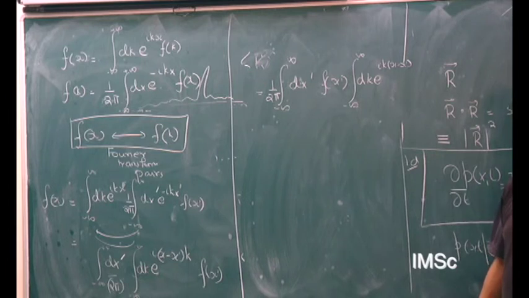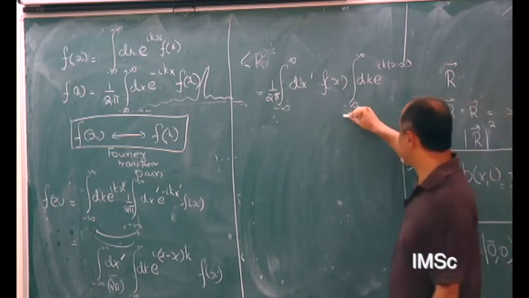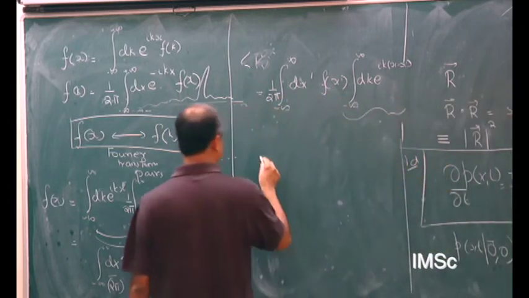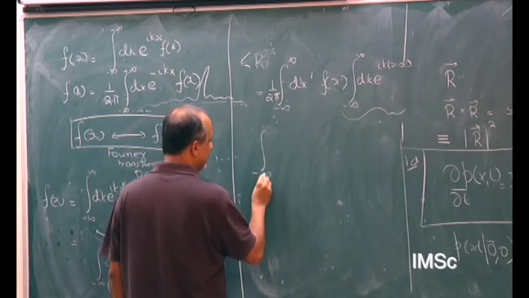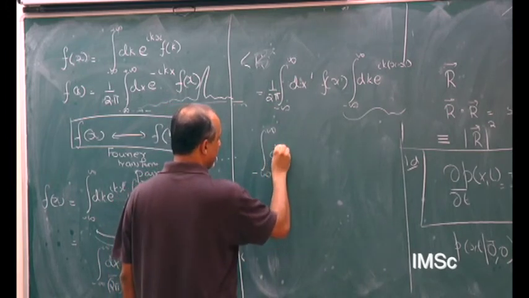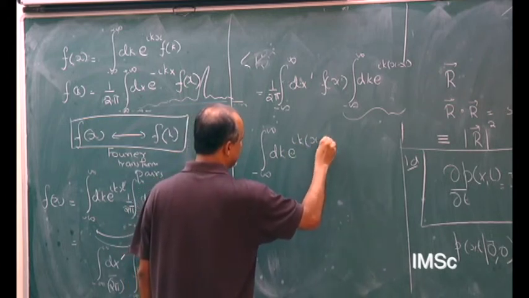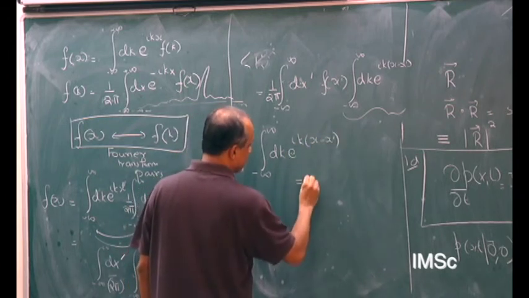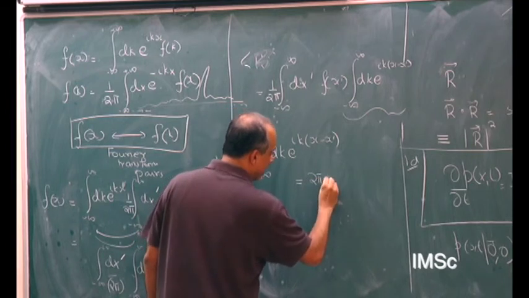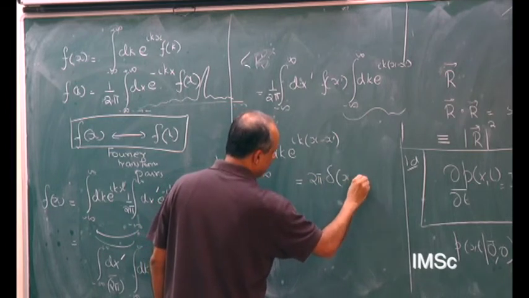Okay. Now this particular integral is actually known. Integral minus infinity to infinity dk e to the power i k times x minus x prime is a function which is 2 pi times a delta function of x minus x prime.